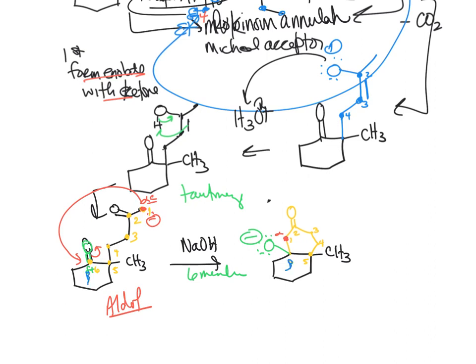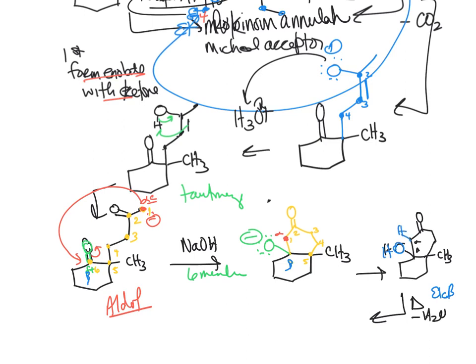This is your beta. And then, of course, in the aldol that gets protonated, OH, there's your alpha, there's your beta, okay? And then with heat, you're going to lose water. This is an E1CB mechanism.